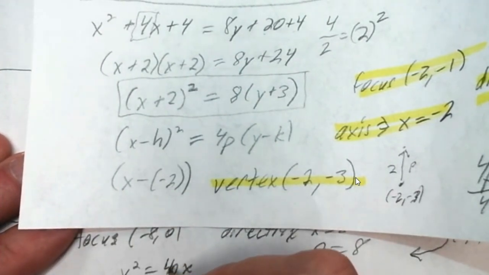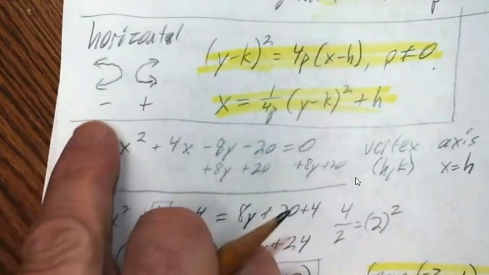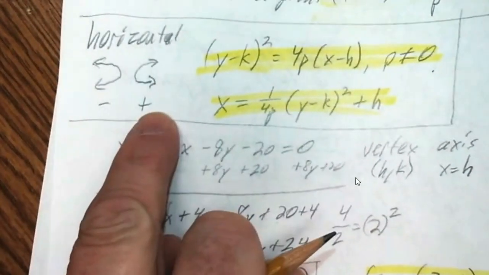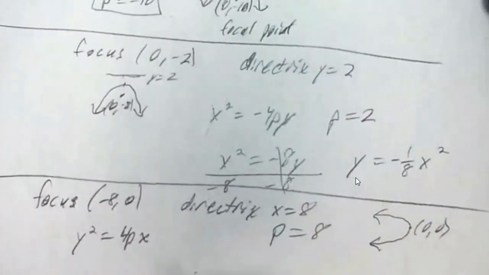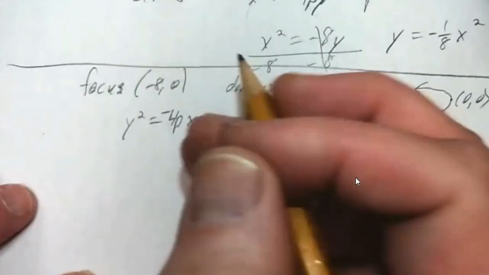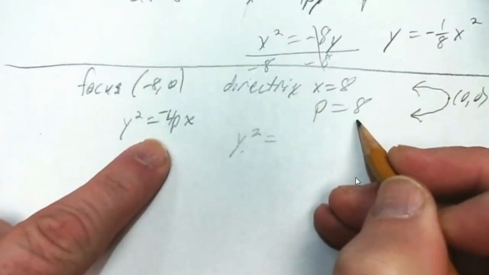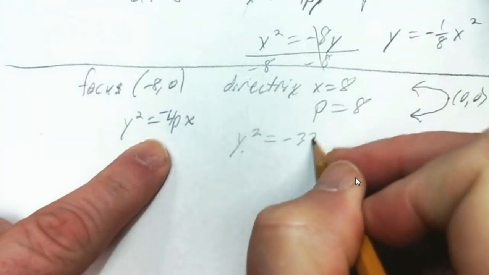But in this case, since it faces left, it's going to be a negative. This is when it's negative. This one is positive, the coefficient. So we're going to have negative 4px. So y squared equals, p is 8, so -32x.